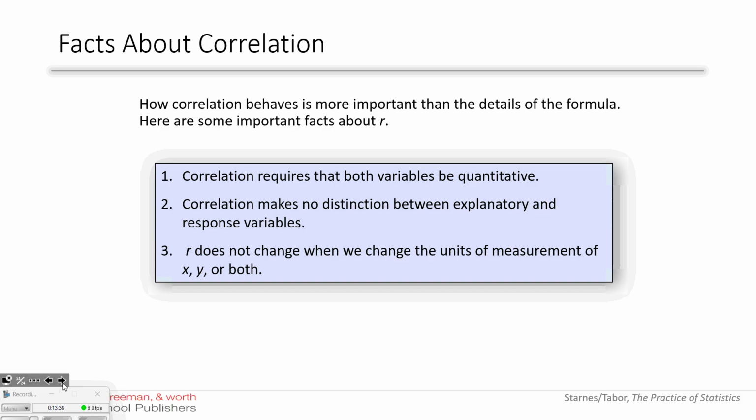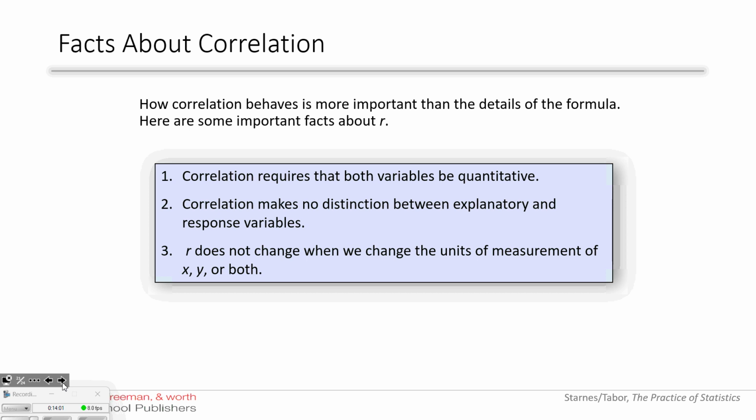R does not change when we change the units of measurement. So for example, if I looked at shoe sizes versus people's heights, if I measured the heights in feet, and I calculated an R value and I got like 0.7. And then I changed all those units to inches and I calculated an R value, I would still get 0.7.